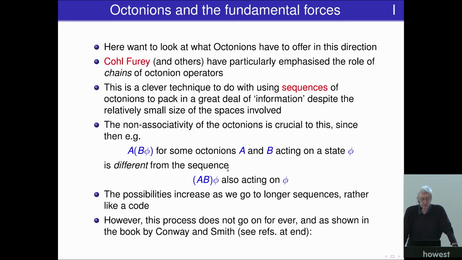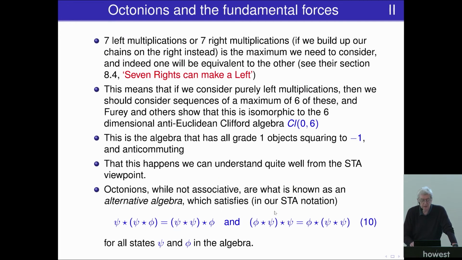So having no associativity is actually a benefit here because we can start building up some complex chains which are not just the same as piling everything together. This process does not go on forever, and you find that 7 left multiplications, or 7 right multiplications if you're doing it on the right, is the maximum you need to consider. And that means that if you consider purely left multiplications, then you can consider sequences with a maximum of 6 of these.